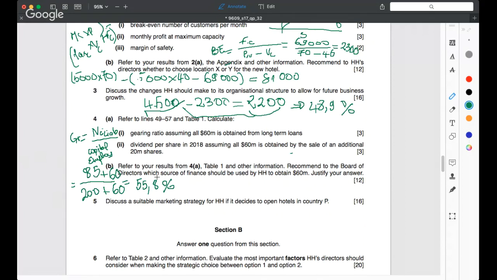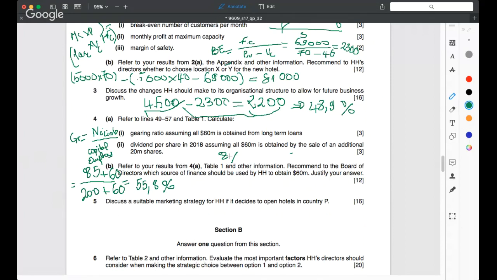So the next question is dividend per share. Dividend per share is already defined. So you take the total dividends paid out, which is 8 million, and then you divide it by the number of shares issued, which is 40 million, I think.